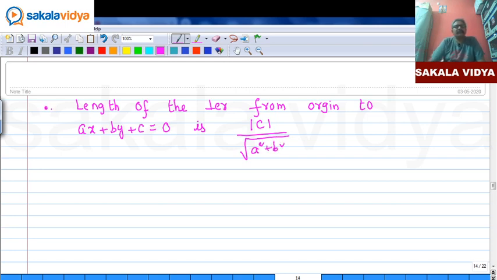So, this is the length of the perpendicular drawn from the origin to the line ax plus by plus c is equal to 0: mod c by root of a square plus b square.